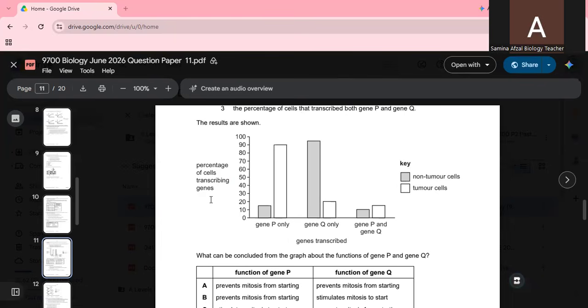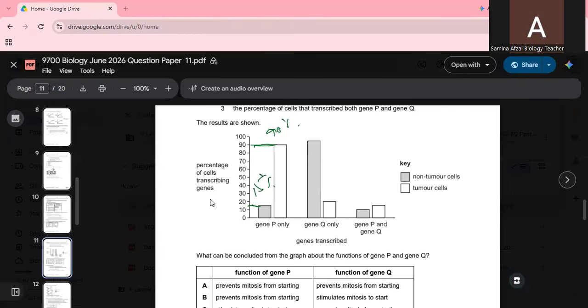Non-tumor cells are shown with the shaded area and tumor cells without the shaded area. At gene P, you can see high transcription in tumor cells, about 90%, and non-tumor cells only about 15%.